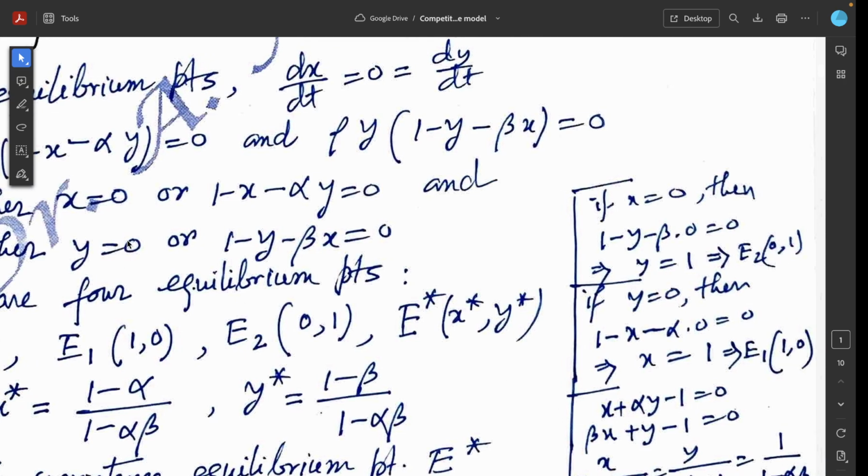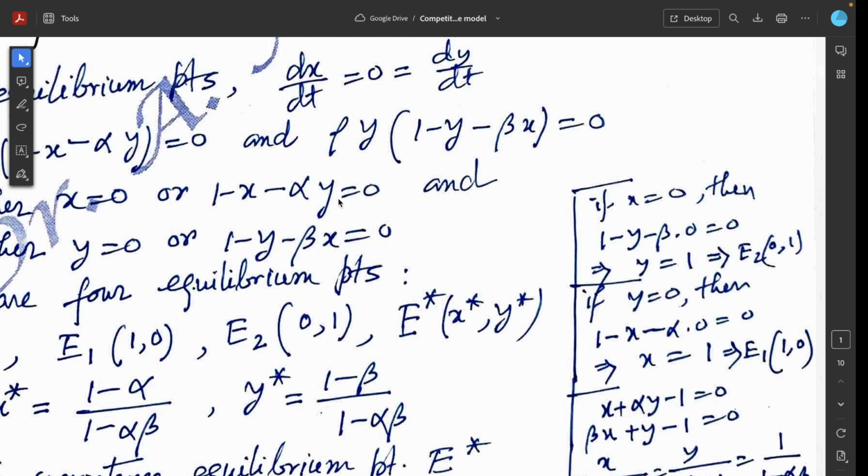If we put x equal to 0 in this equation, 1 - y - beta times 0, so we get the value y equal to 1, and this point is E2 = (0, 1). If we put y equal to 0 in this equation, then 1 - x - alpha times 0 equals 0 gives x equal to 1, and we get the critical point E1 = (1, 0).